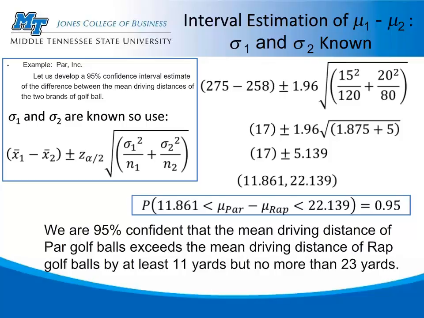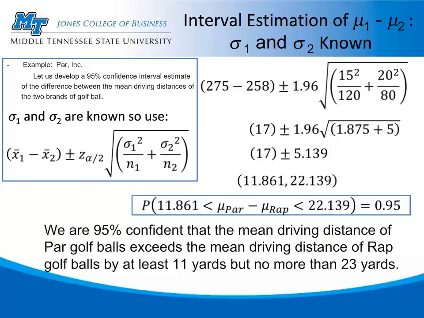And then the standard error of the difference of the sample means is the square root of the variance of the difference of the sample means. And the variance for the difference of the sample means is sigma 1 squared over n1 plus sigma 2 squared over n2. All you have to do is take the square root of the variance to get the standard deviation.